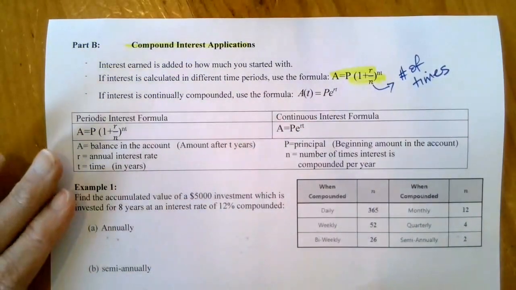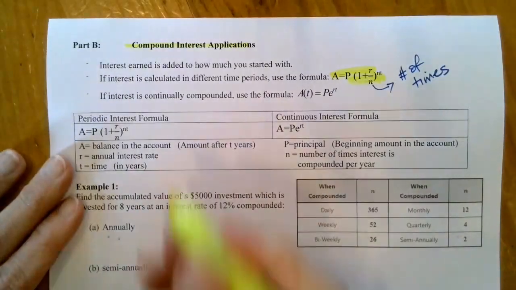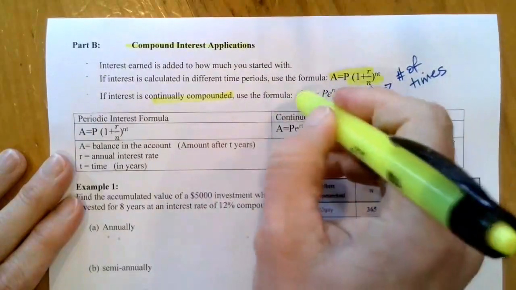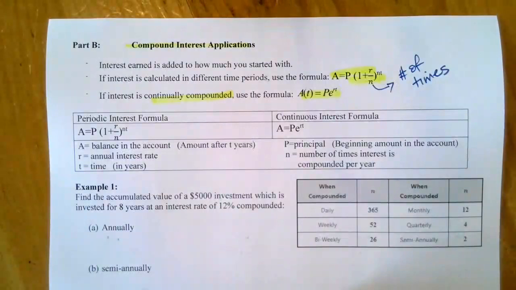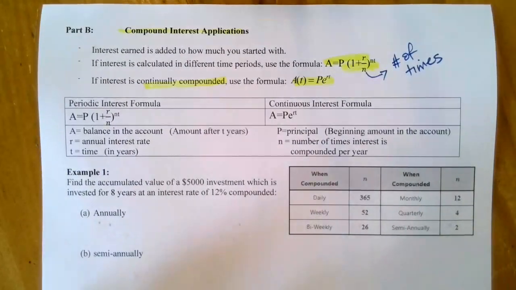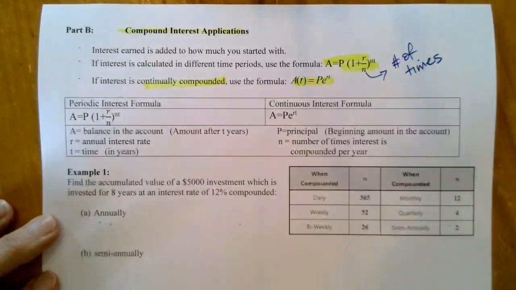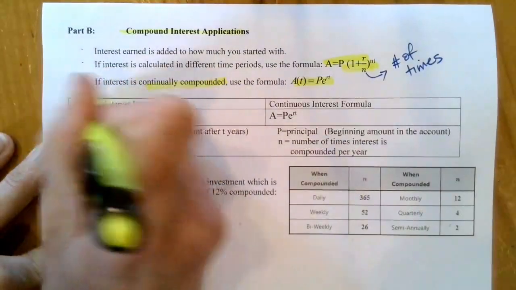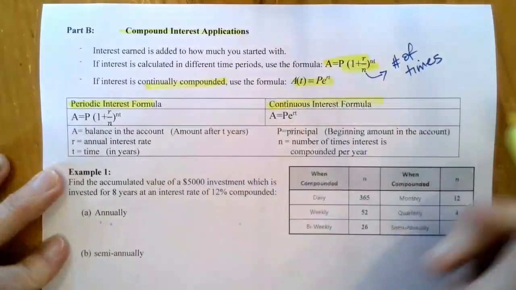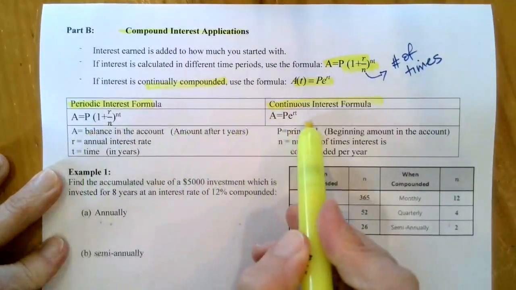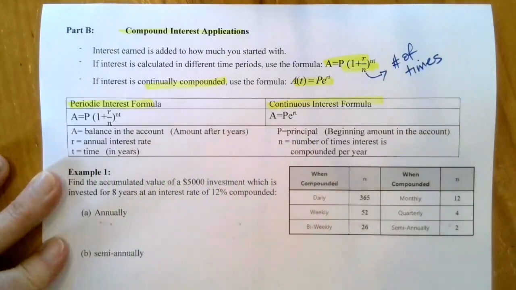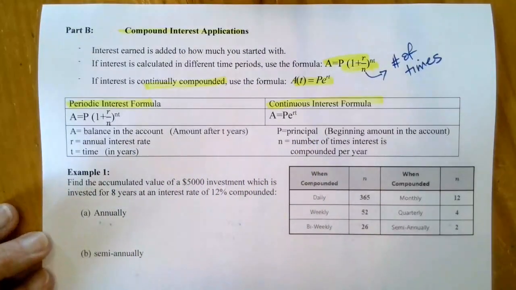And then if it's continually compounded, we're going to use our PERT formula. So we go back to our two formulas, periodic and continuous, and we can see those two different stories and then what each of those variables represents.